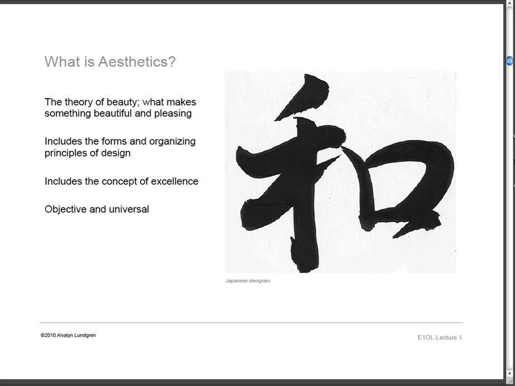And as we go through this course, that should unfold, and you'll see the foundation for that statement. A lot of people think that's a fairly radical statement for me to make, but if you look at the overall understanding of what aesthetics is, then it becomes very obvious that it is objective and universal, and it is a criteria by which we can measure good design versus design that doesn't measure up.